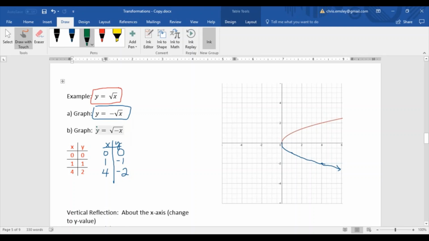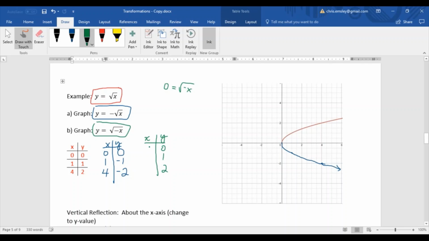And let's see what happens differently if that negative sign is inside the square root. And again, I'm going to kind of work backwards. I'm going to have those same y values I started with. So y is 0. What would x have to be? Square both sides.